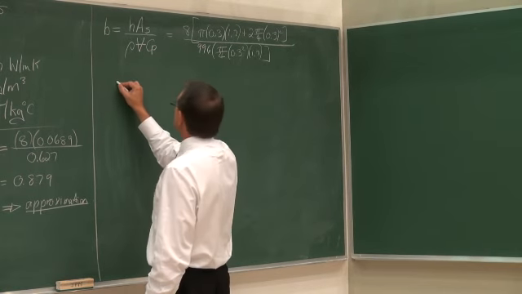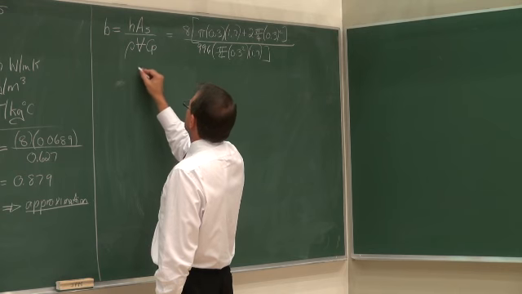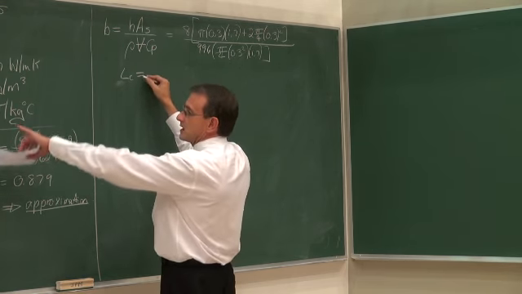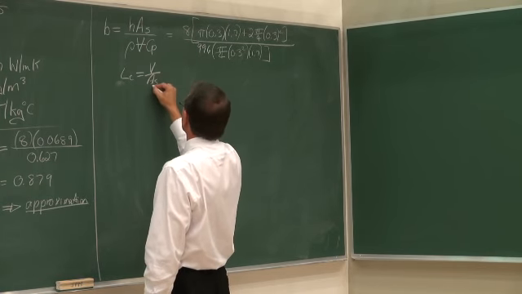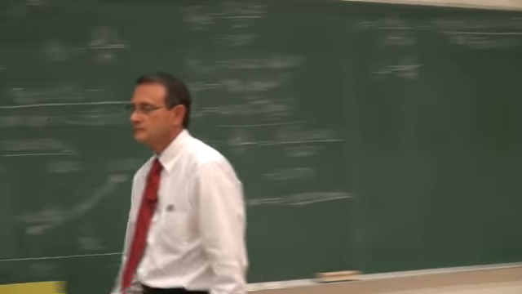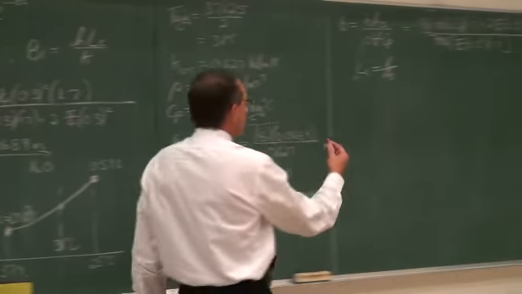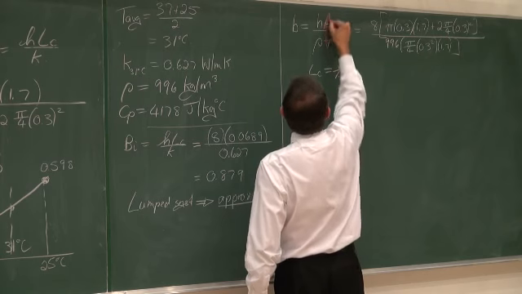The other way is to say that the characteristic length is equal to the volume divided by the surface. And here we've got the volume divided by the surface.